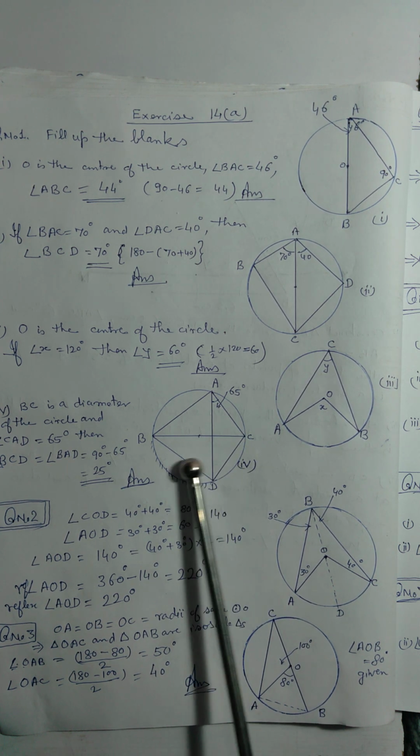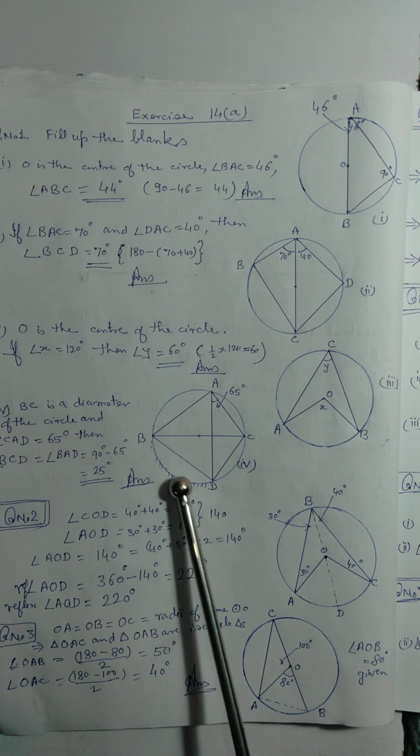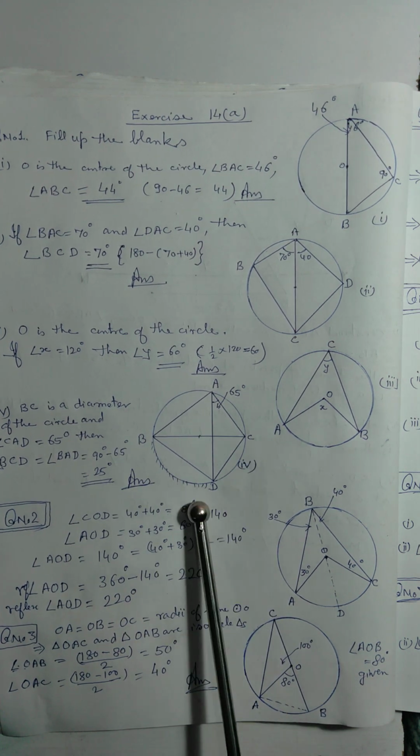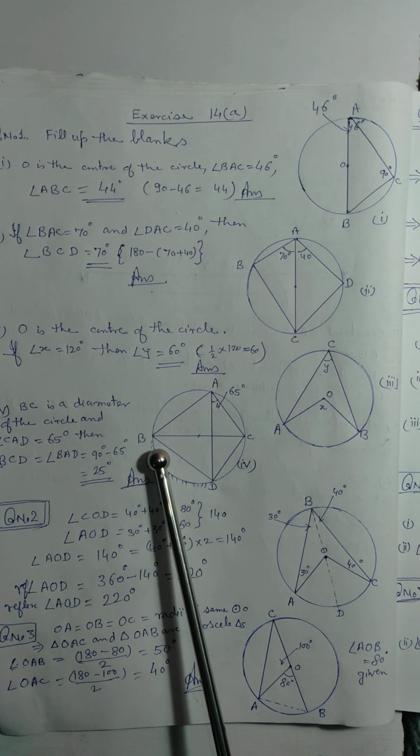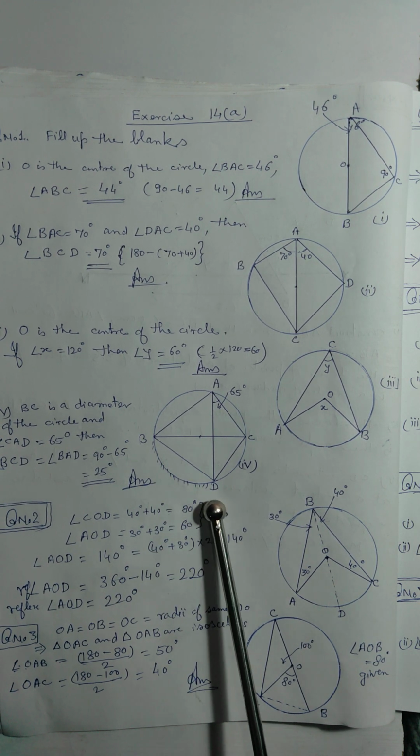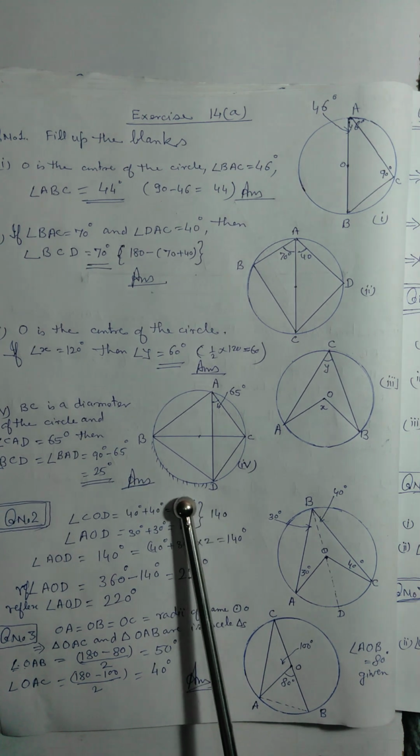BCD we have to find out, and BAD, you see, what is BAD? These are the two angles, BAD and BCD, subtended by the same arc or the same segment, that is BD.